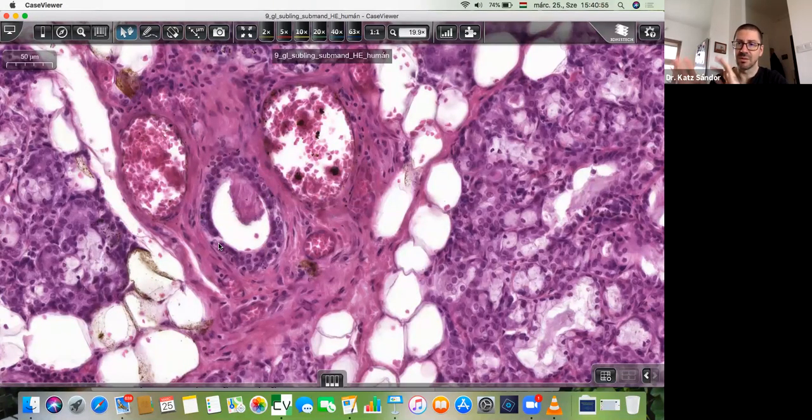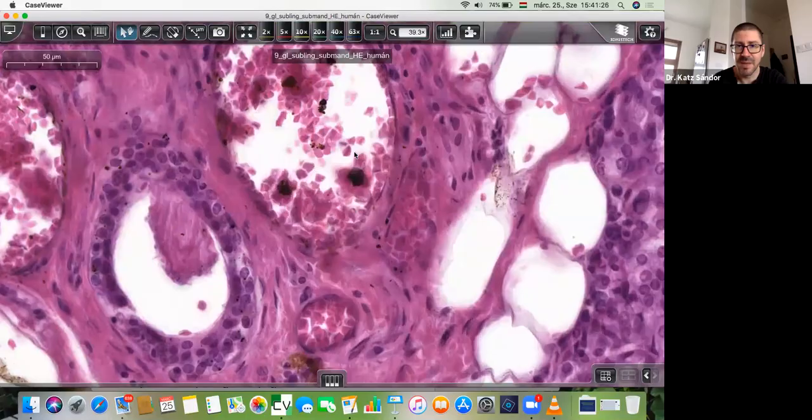It doesn't matter what kind of tissue we are talking about. You should always check the lining epithelium, because in the vessels we always have only one layer of squamous epithelium, only one layer of endothelial cells. So it is quite obvious to look at this. This is the duct, and this is a vessel.